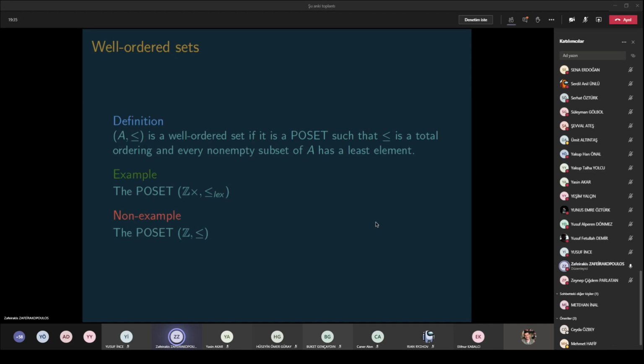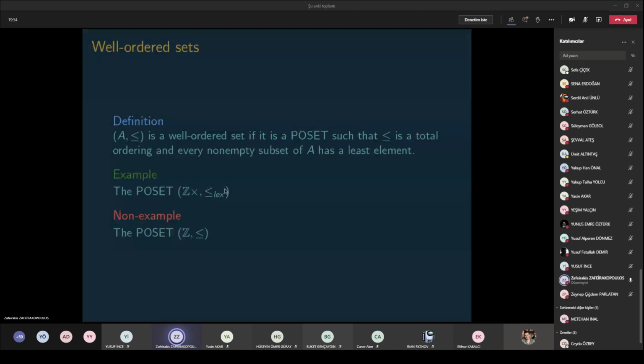If they're equal, we go to the next one. This is how you sort things alphabetically, right? You sort the words first according to the first letter, then according to the second, etc. This is why it's called lexicography. Is it better now? Yes, I understand, sir.